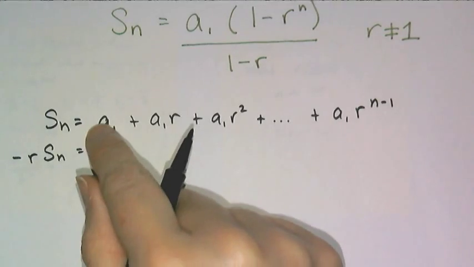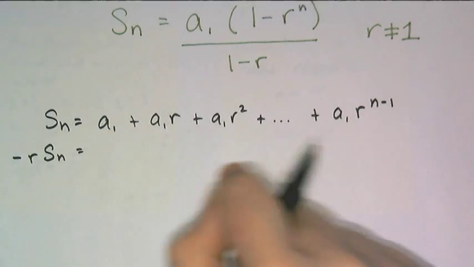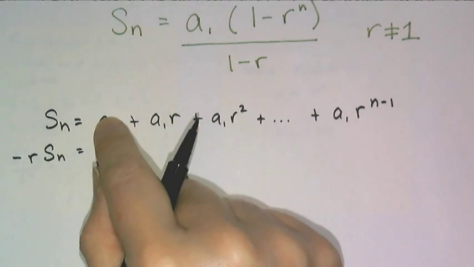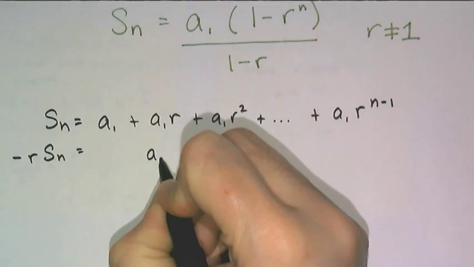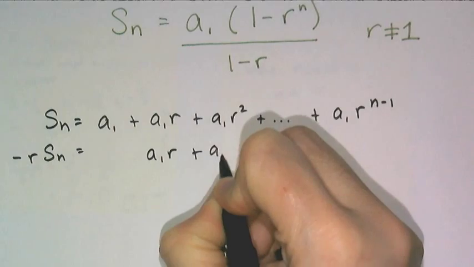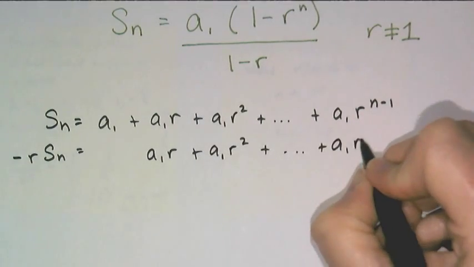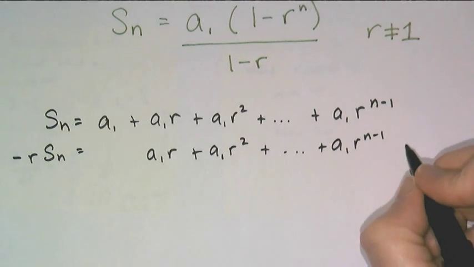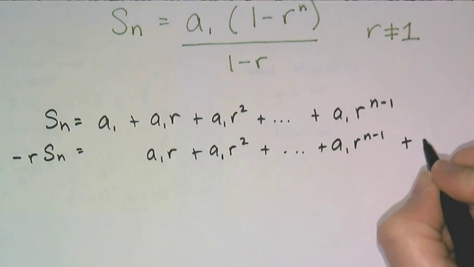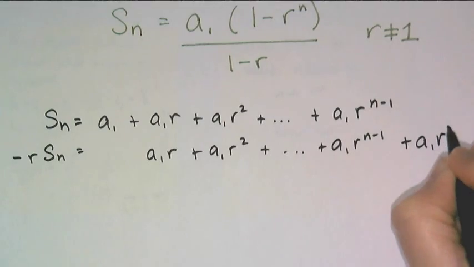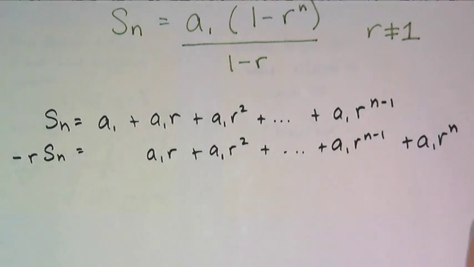So I'm going to take this series and multiply it by r and subtract it off. And so when I multiply this by r, it shifts the series. So a sub 1, the first term, becomes a sub 1 r plus a sub 1 r squared plus dot dot dot plus a sub 1 r to the n minus 1. And what that does is it adds on the term a sub 1 times r to the nth power, because I multiplied everything by r.